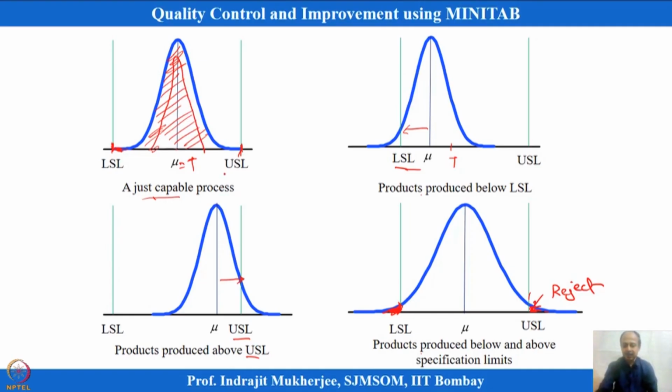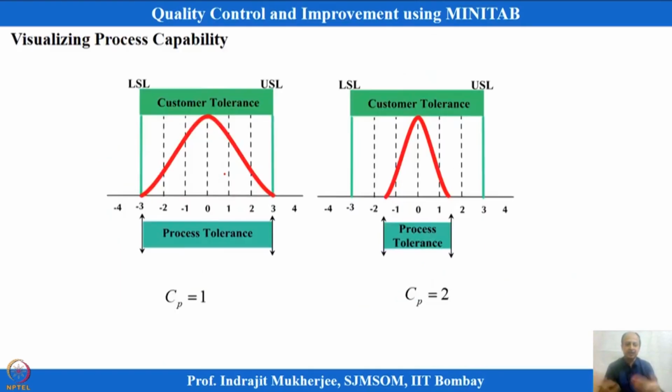Okay. So, there are different indices to measure the capabilities, and we will talk about two indices over here. If you want to visualize this, we call it the process capability index. So, process capability visualization is that if this is the scenario, I am using the full tolerance, and if this is the scenario, I am using much less tolerance as compared to what is given by the designer.